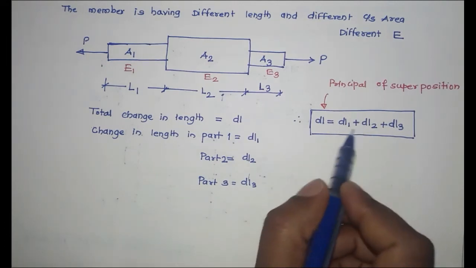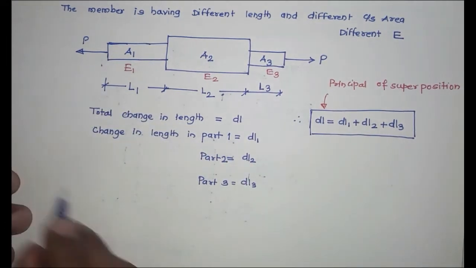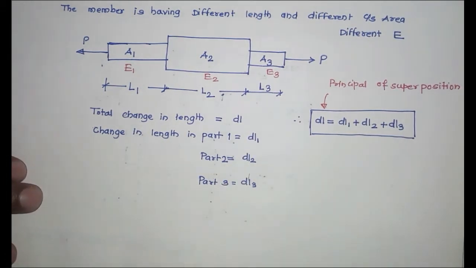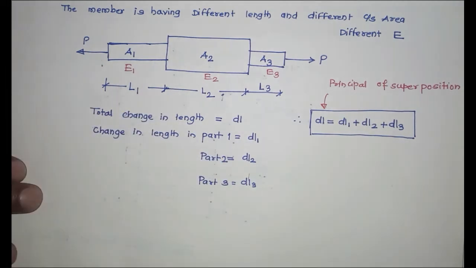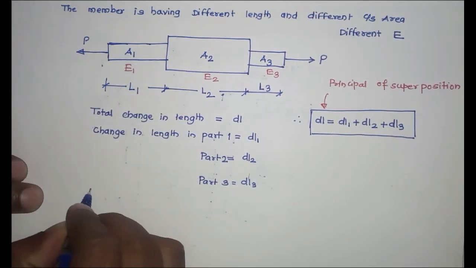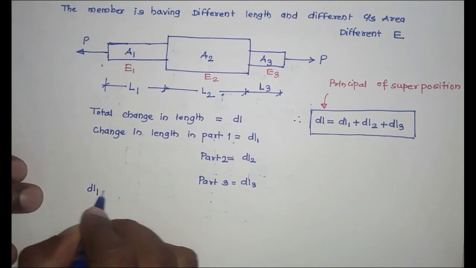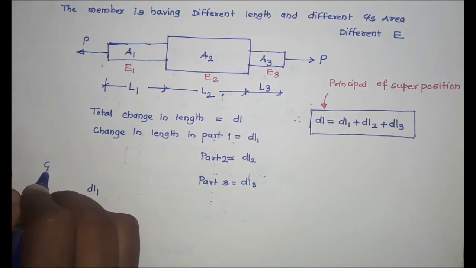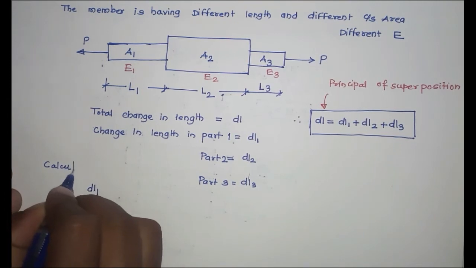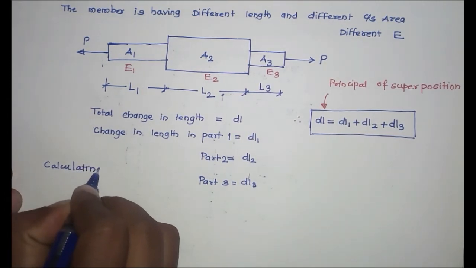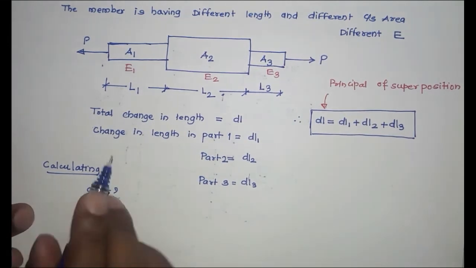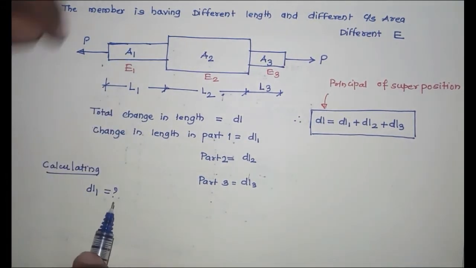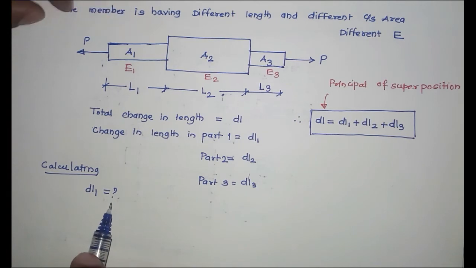Now we'll apply this concept to this particular part, and we will first calculate the individual change in lengths, and then we will add these and calculate the total change in length. So to calculate dl1, I first have to separate out this first part from this entire system.